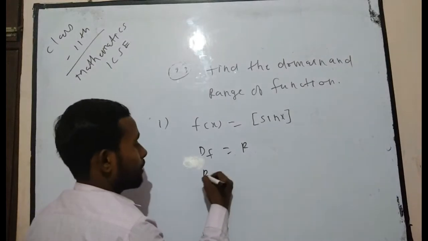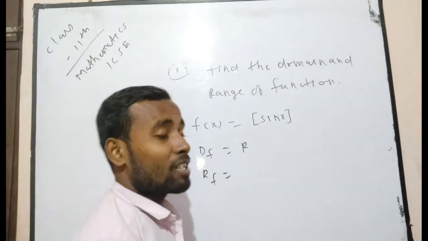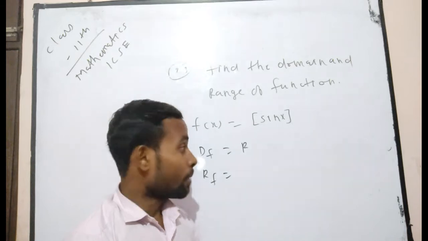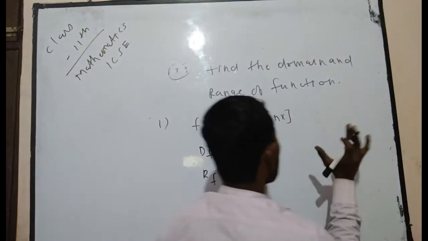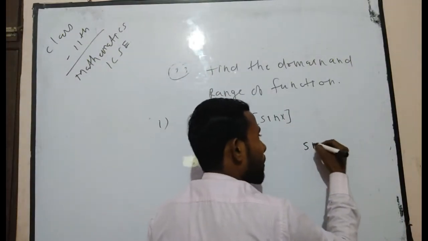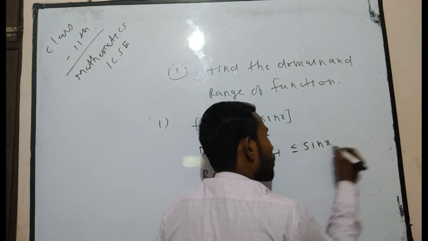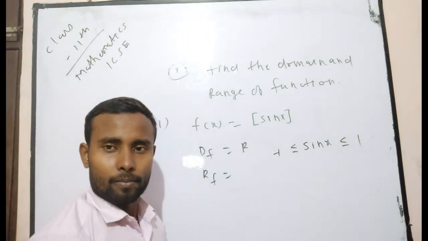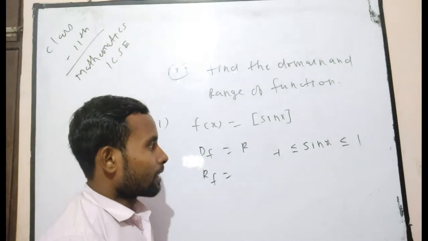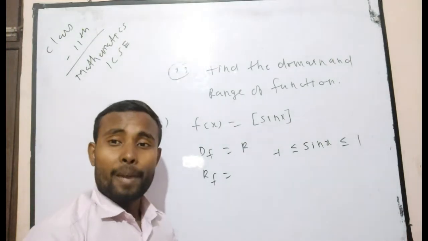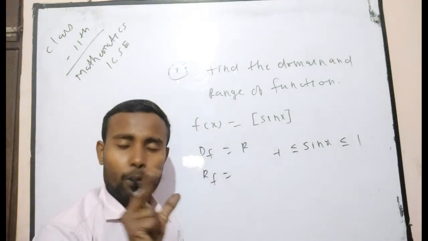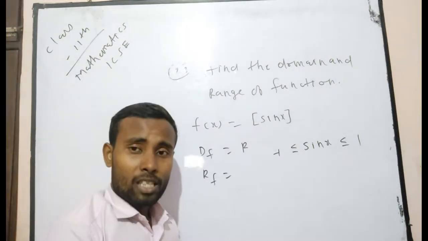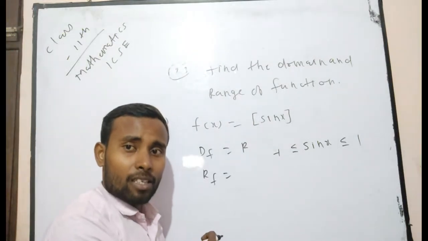Now, if anyone asks what will be the range of this function, you have to be very careful, as you know that sin x is greater than or equal to minus 1 but less than or equal to 1. In that case, the point may lie in three parts, according to the concept of the greatest integer function.